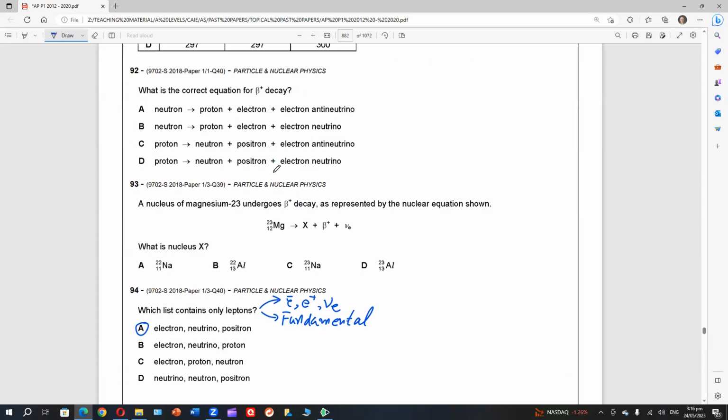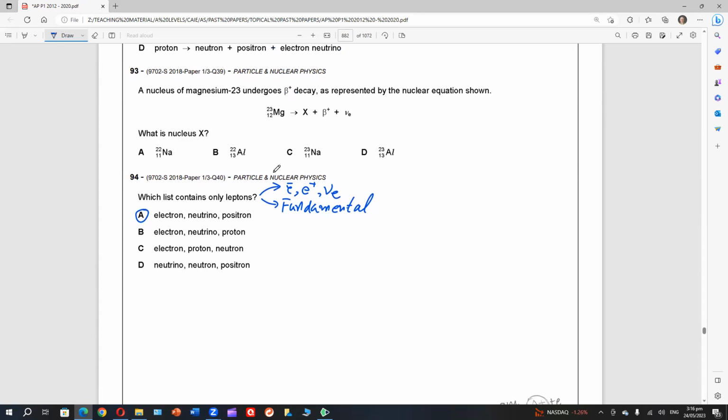A nucleus of magnesium-23 undergoes beta plus decay as represented by the nuclear equation shown.